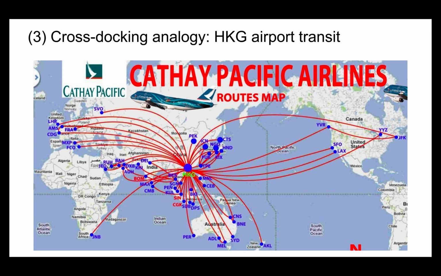So if they're flying with Cathay, these passengers will typically arrive in the Hong Kong airport, spend a few hours to transit through, and then board their flights to Australia. Usually when you buy a ticket from Cathay from, say, London to Sydney, you would be buying it as a single itinerary. So you won't buy two separate tickets, and you won't spend a lot of time waiting in the Hong Kong airport because they schedule the flights such that you usually only have to wait a few hours.